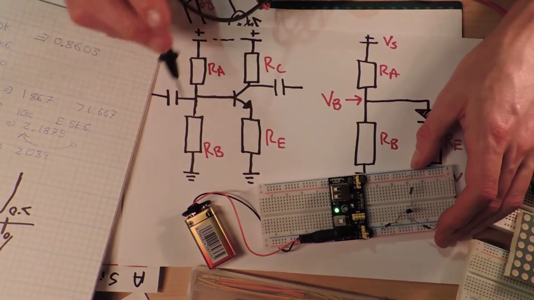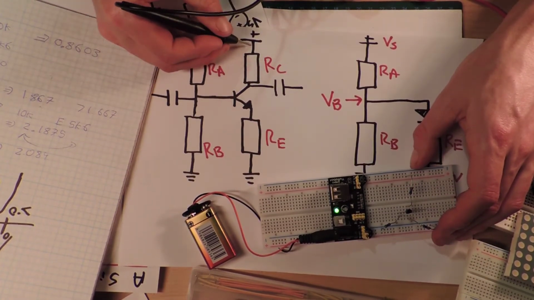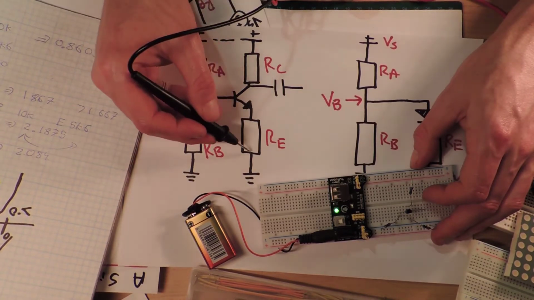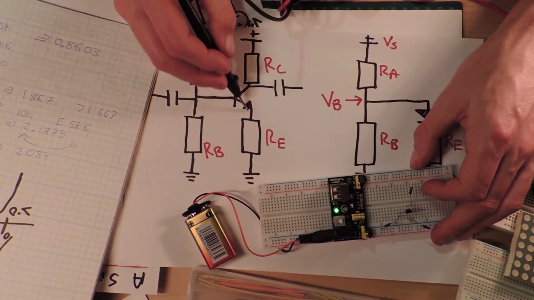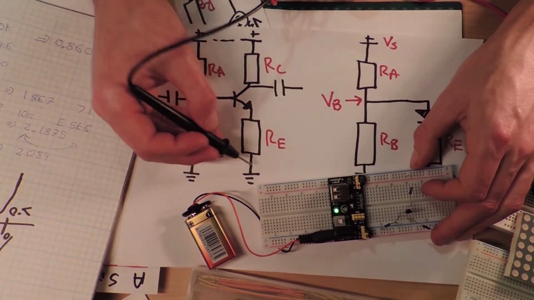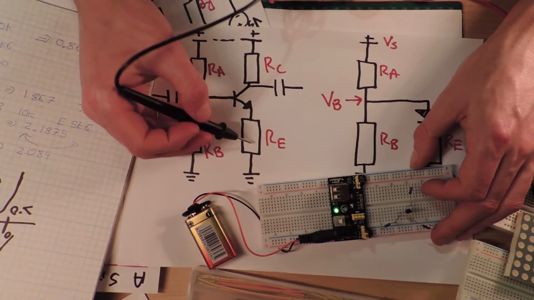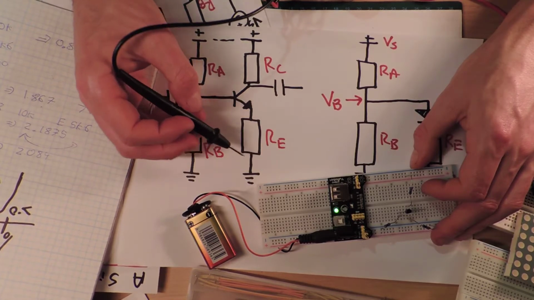But of course, what's going to happen before we just finish off is if you actually had the collector hooked up and there was current flowing through here, then there would be much more current flowing through the emitter. The current that goes this path through the base is going to be much smaller than the current that comes in from the collector.